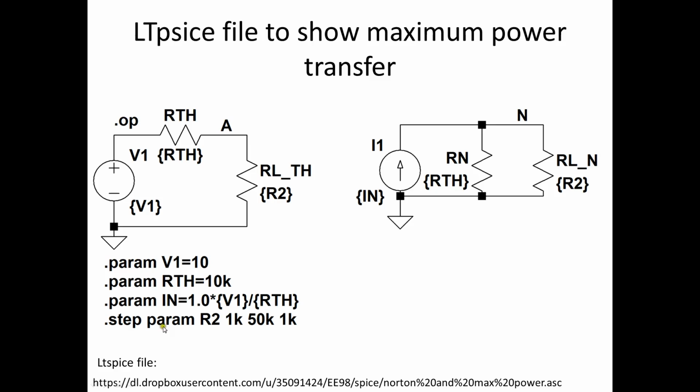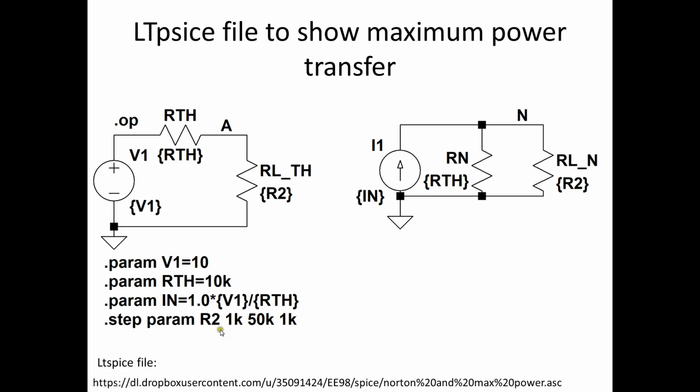Then I step parameter R2 from 1K to 50K in steps of 1K. And so see R2 here, that value, this is the name RL Thevenin, here's the name RL Norton, but they have the same value of R2. And what this will do is run a DC simulation at R2 equaling 1 kilo ohm, 2 kilo ohms, 3, all the way on up to 50.